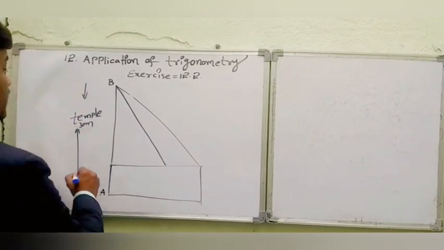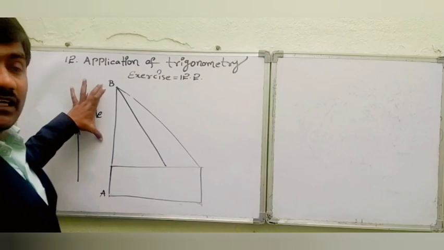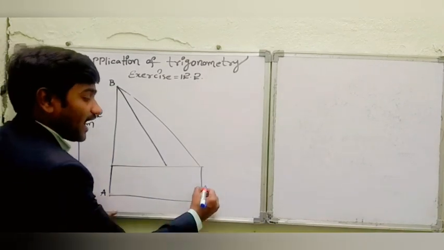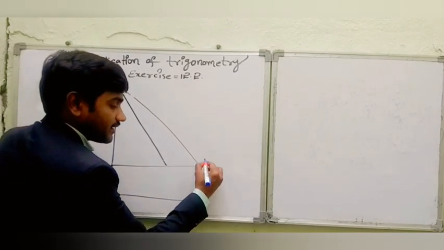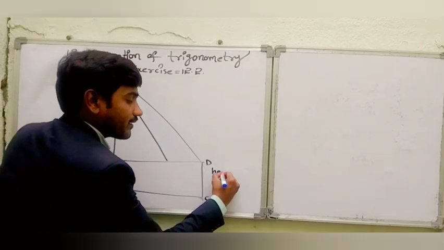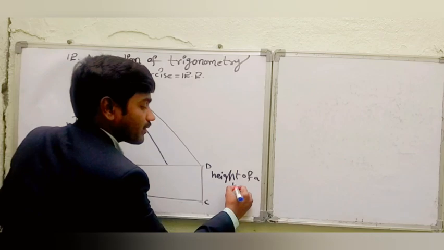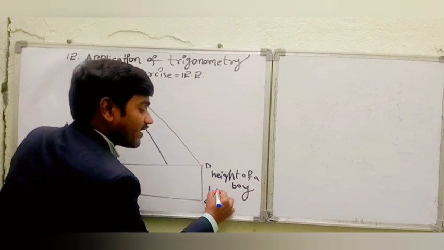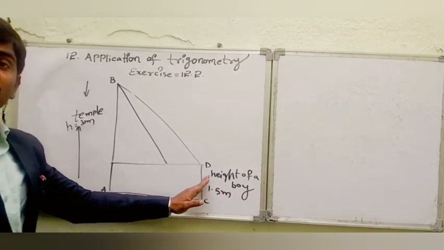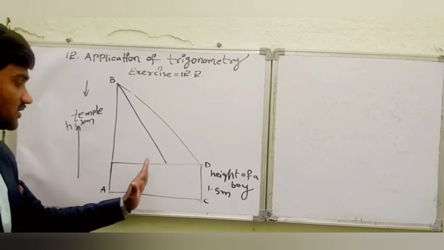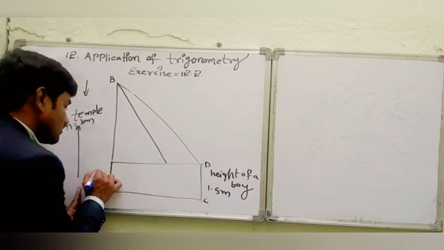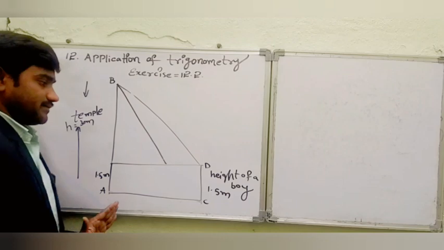The height of the temple h equals 30 meters, and this is the height of the boy CD, 1.5 meters. This 1.5 meters is also equal to this; both heights are equal, so it will be 1.5 meters.